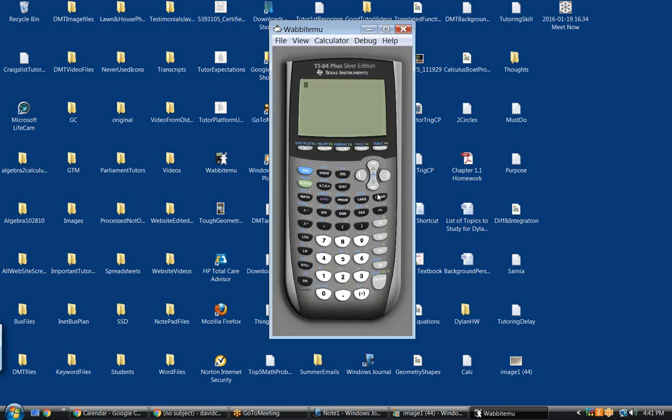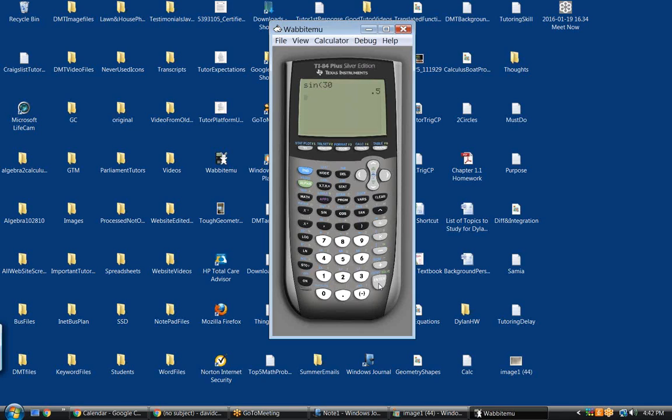I have an Inspire. But on the TI-84s, and in fact all calculators prior to the Inspire, there's only 3 trig functions: sine, cosine, tangent. Notice that if I hit sine, and then I hit 30 for degrees, it gives me 0.5.